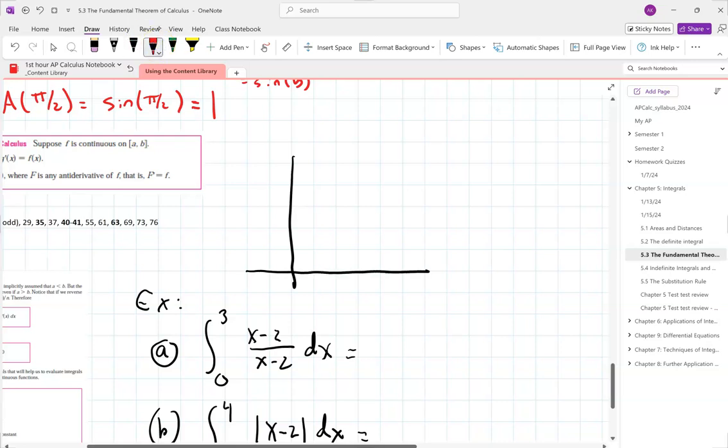If I draw the graph of this, now let's say this is 1, 2, and 3. I have a hole. Does that matter?